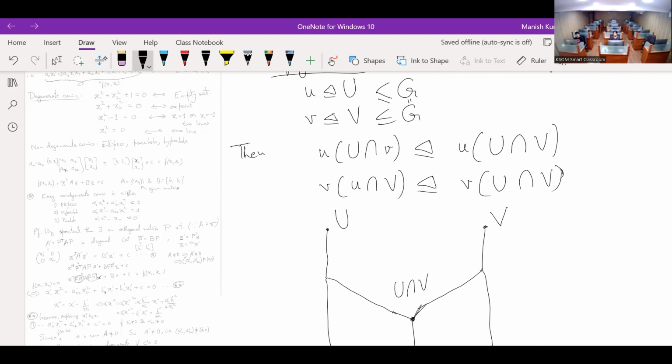So these two products are groups. The theorem says that this smaller group is a normal subgroup of this bigger group. Similarly, this smaller group, small v times small u intersection capital V, is a normal subgroup of small v times capital U intersection capital V.